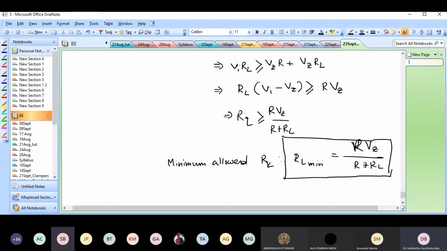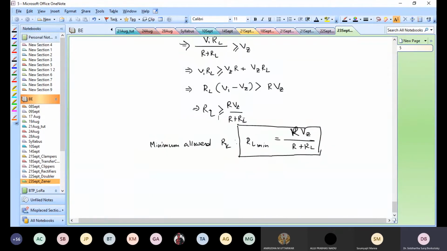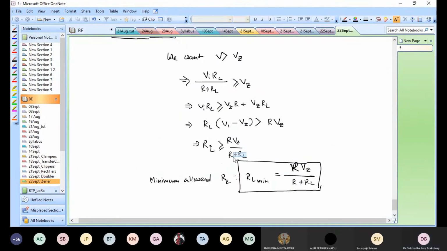Sorry, I made a mistake here. Maybe you have seen that already. So I will just remove this thing. This should have been Vz, Vi minus Vz.